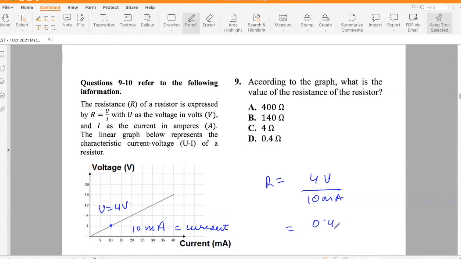And then we need to write milliampere as 10 to the power minus 3. And then I can write it as ohm, right? Because volt by ampere is ohm. So 10 to the power minus 3 will also be included. So this becomes 0.4 into 10 to the power 3 ohms, which is 400 ohms. So option A.